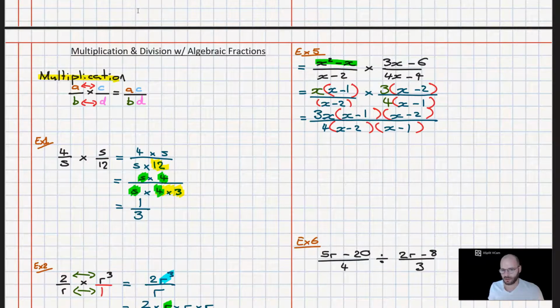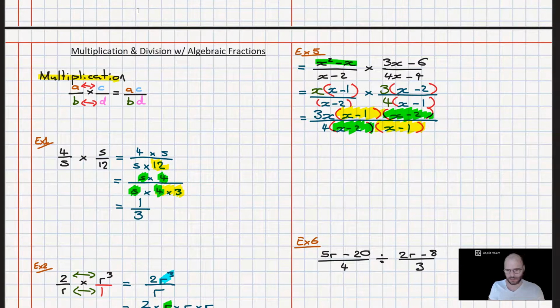Rather, we're going to see, can we simplify this? Is there anything common between the numerator and the denominator? Looking at what's outside the brackets, this 3x and this 4, there's nothing common there, but we've got this x minus 1 and the x minus 1 down here. And secondly, we have the x minus 2 and the x minus 2 here.